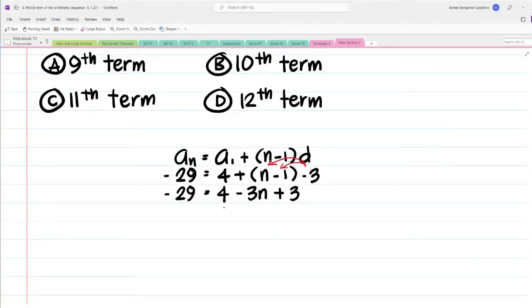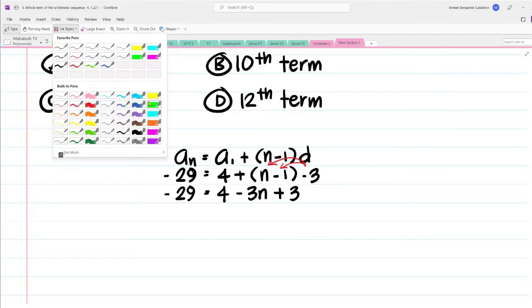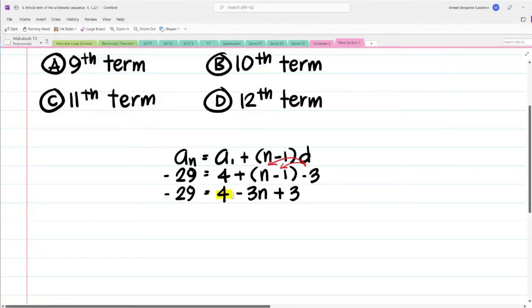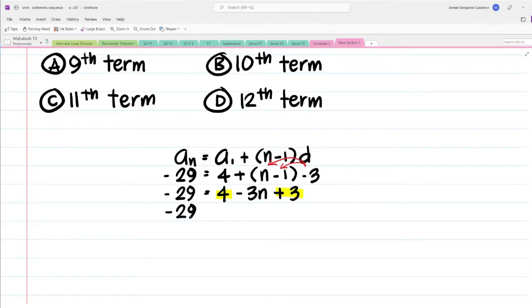Negative times positive is negative. Negative times negative is positive. So, we can simplify things further. We can do 4 plus 3. So, negative 29 equals 7, 4 plus 3, minus 3n.